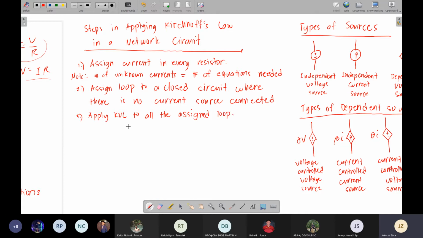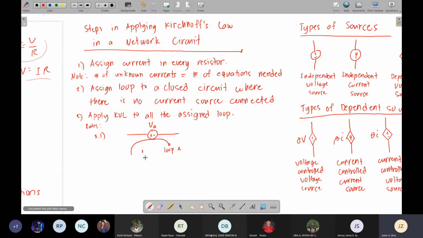Now, apply KVL. These are the rules in applying KVL, let's say rule 3.1. For example, if I have this source plus minus, and this is, let's say, VA, and this is my loop, let's call it loop A. For loop A, it is entering on the positive side and exiting at the negative side.